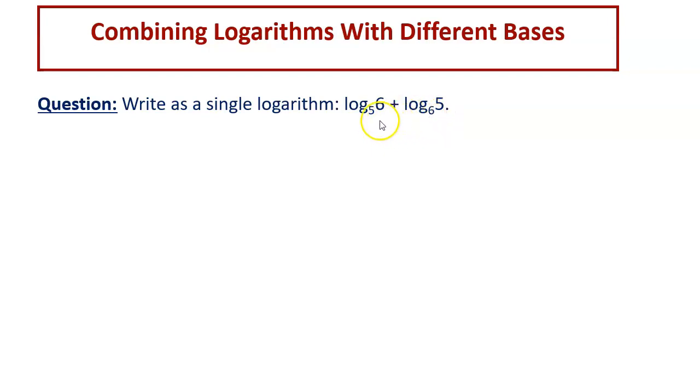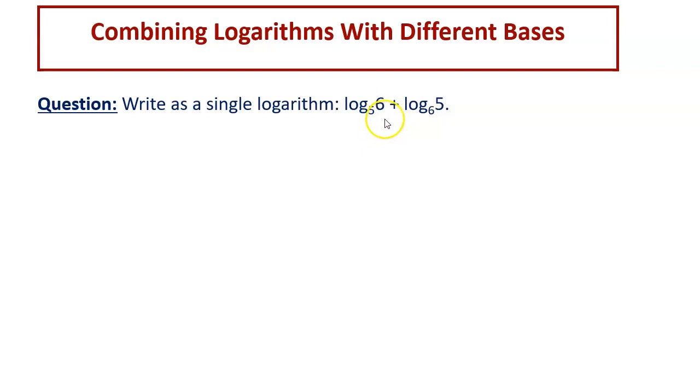It's not given that you have to have the single logarithmic term to this base. If the question contains that what should be the base of the single logarithmic term, then we have to change it to that base. But over here, we are not given that condition that we have to get the final logarithmic term in some base.